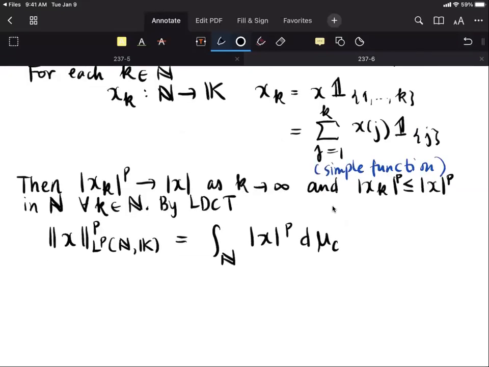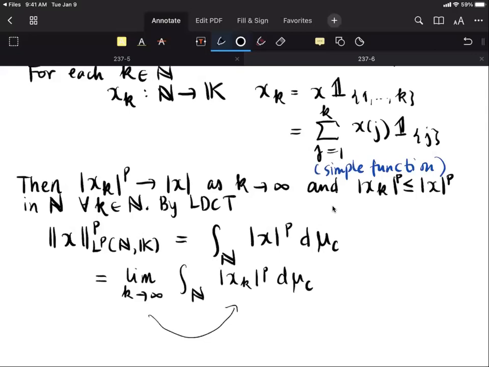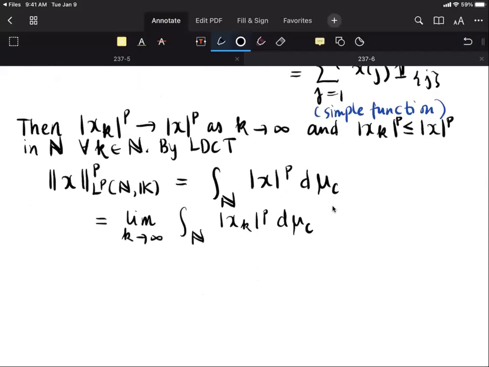And as I said, by the Lebesgue dominated convergence theorem, this is equal to the limit of the truncations. So here, if you put inside the limit, you have the power x raised to power p. Let's put p here as a correction.